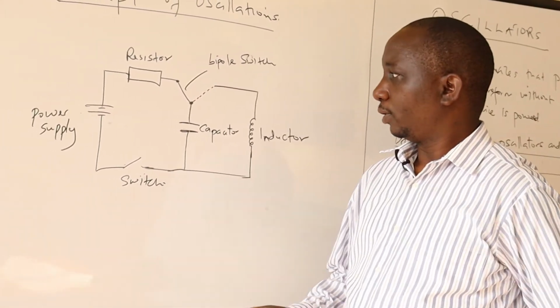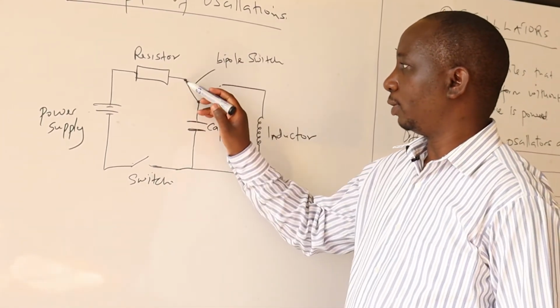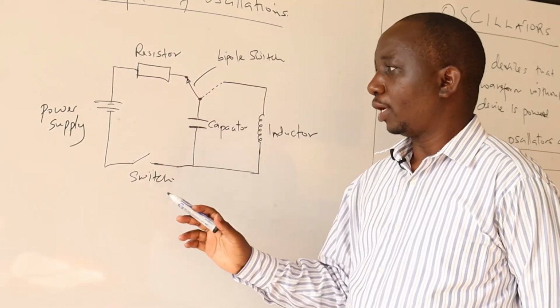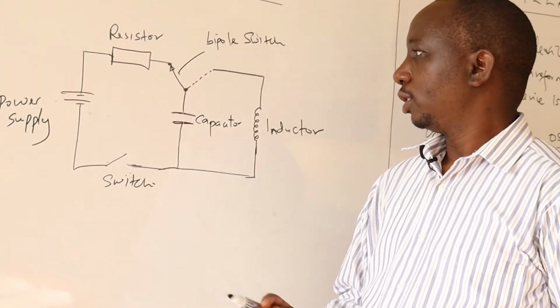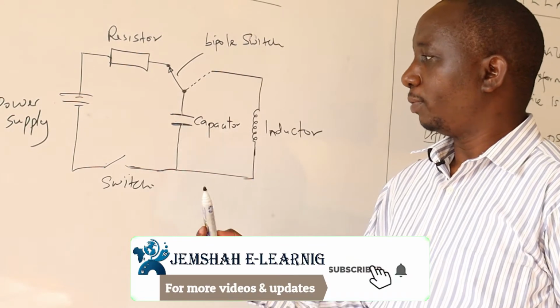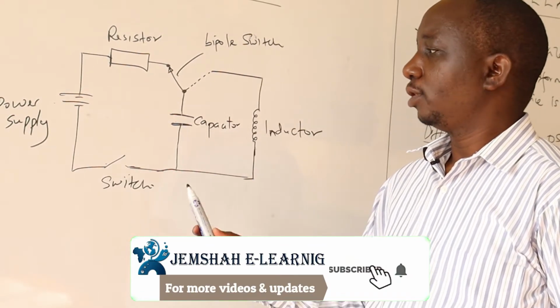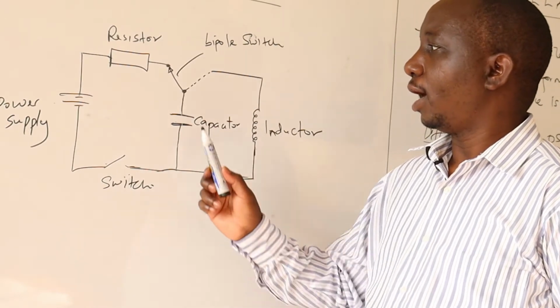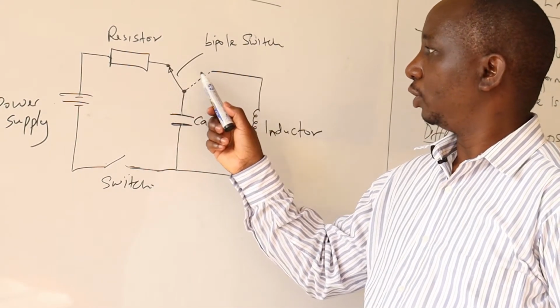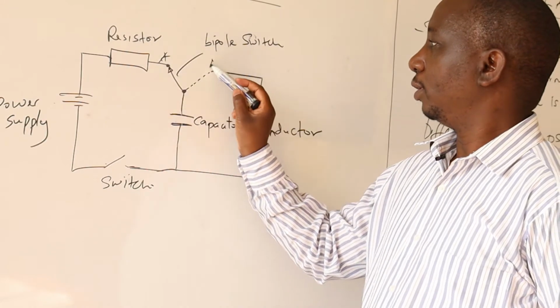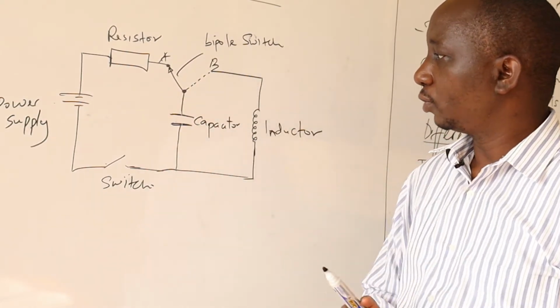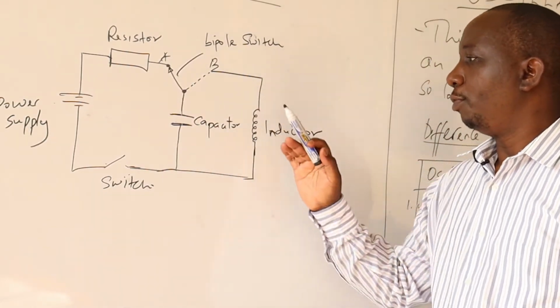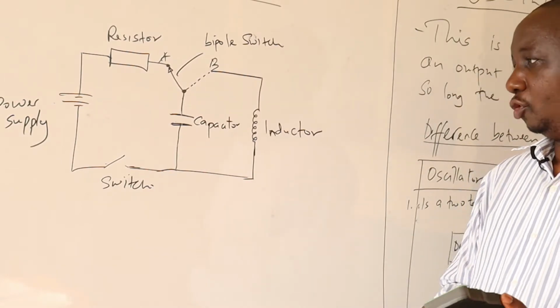The capacitor charges to the maximum supply voltage, after which we disconnect the switch and move the bipole switch to terminal B, and the energy stored by the capacitor starts discharging.